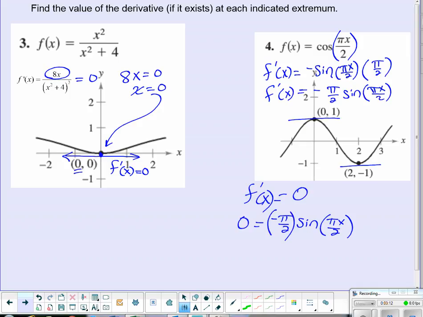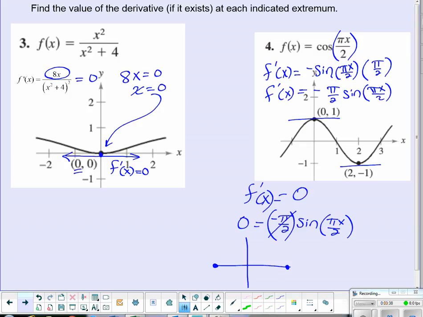So I could divide by that constant and it will go away. Then I'm left with sine of pi x over 2 equals 0. Well, where does sine equal 0? Sine equals 0 either over here on the unit circle or over on the left side, where it is equal to 0 as well.